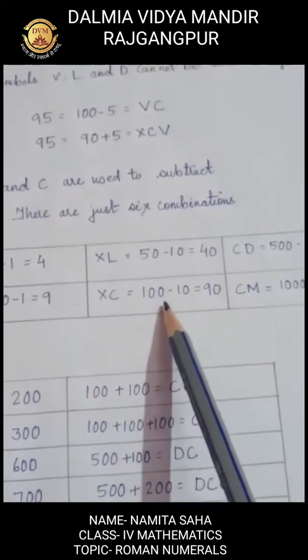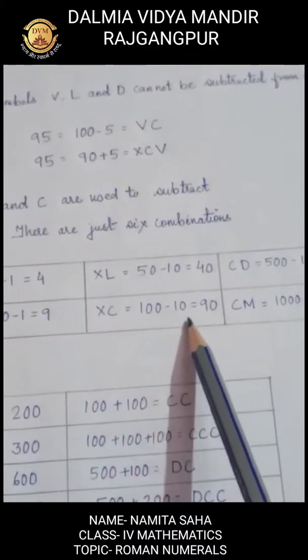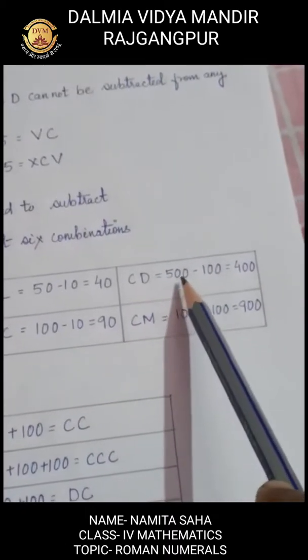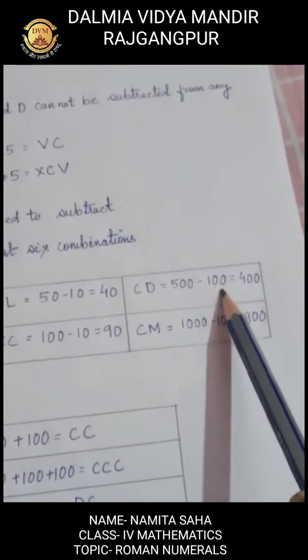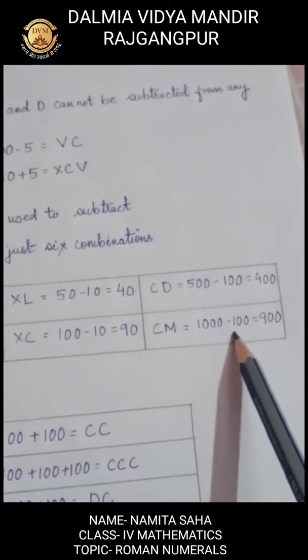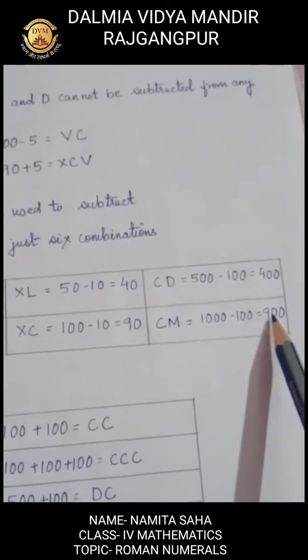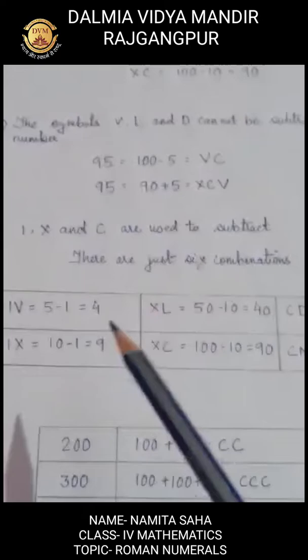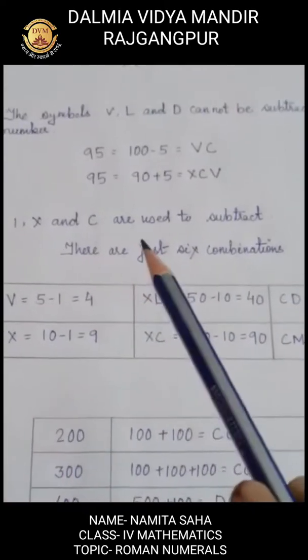XC equals 100 minus 10 equals 90. CD equals 500 minus 100 equals 400. CM equals 1000 minus 100 equals 900. Like this you can follow the rules.